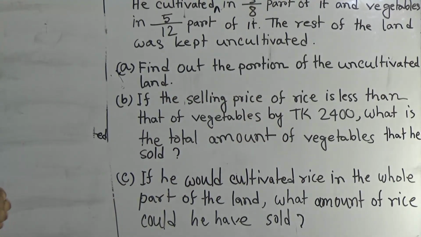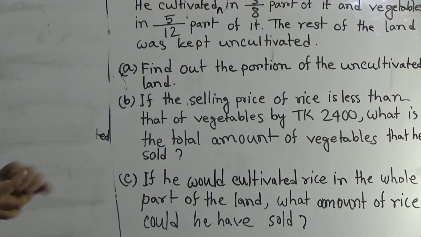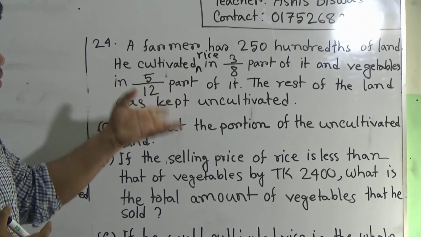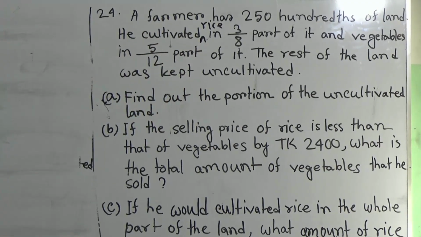So the selling price of rice is less than that of vegetables by taka 2400. So first of all we find out the amount of portion of land in which he cultivated more vegetables than rice.